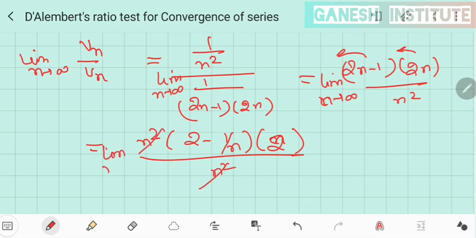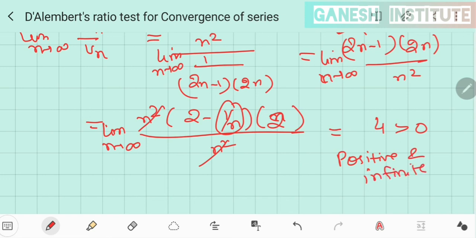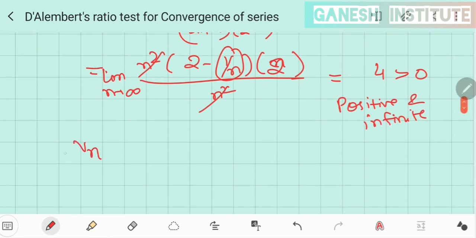Limit tends to infinity, so this goes 0, when 1 by infinity is 0, so what you got? 4. Because it is greater than 0, it is positive and finite, that means vn series is convergent, right?